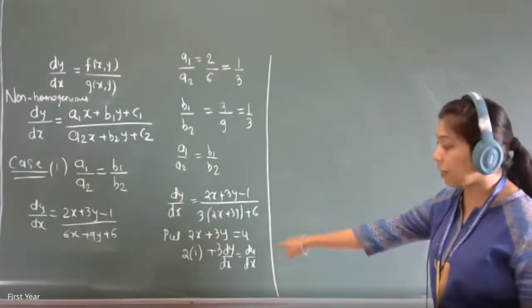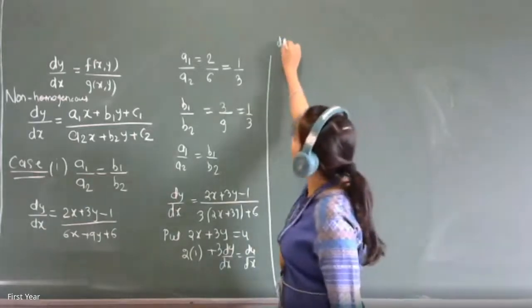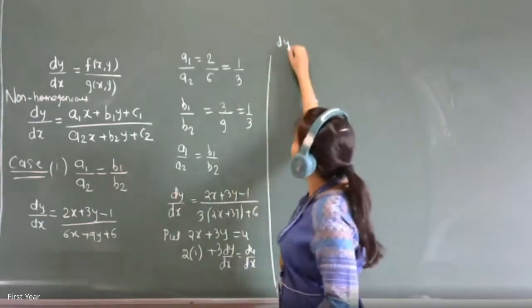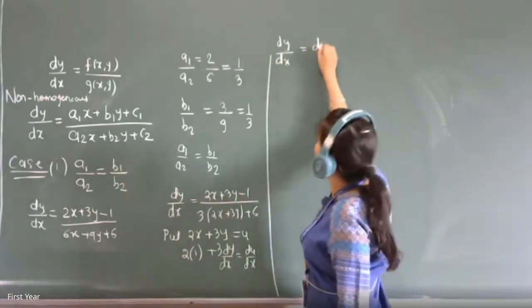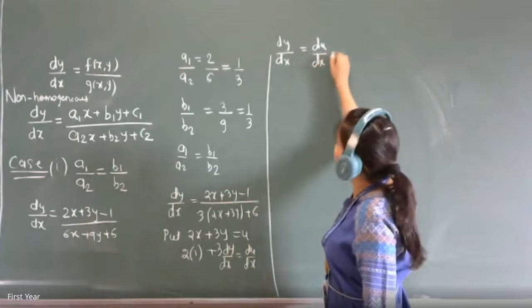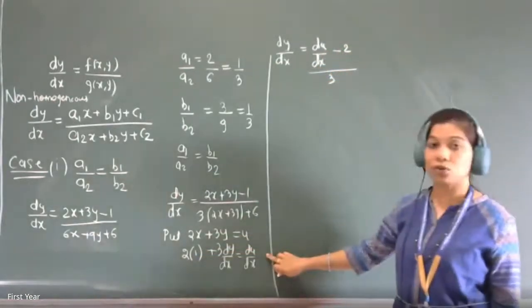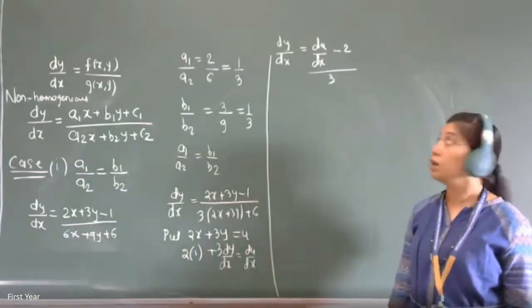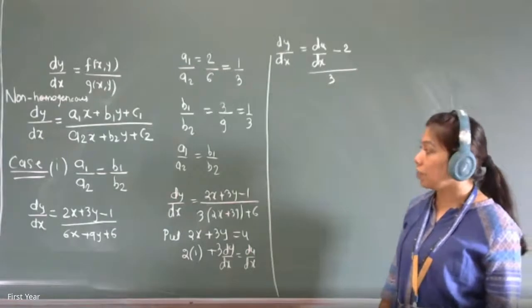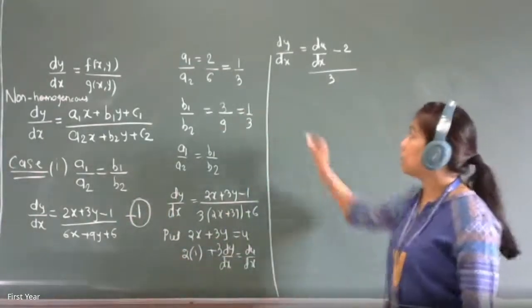So reframe this equation to get the value of dy by dx. dy by dx is equal to du by dx minus 2 divided by 3. This 2 went on this side, so it became minus 2, and this 3 came in the denominator, so it became divided by 3.